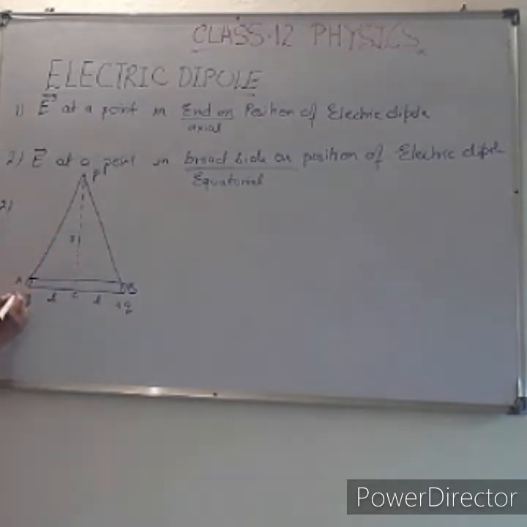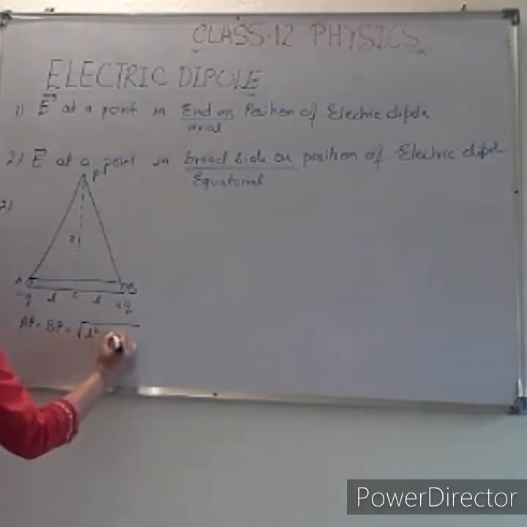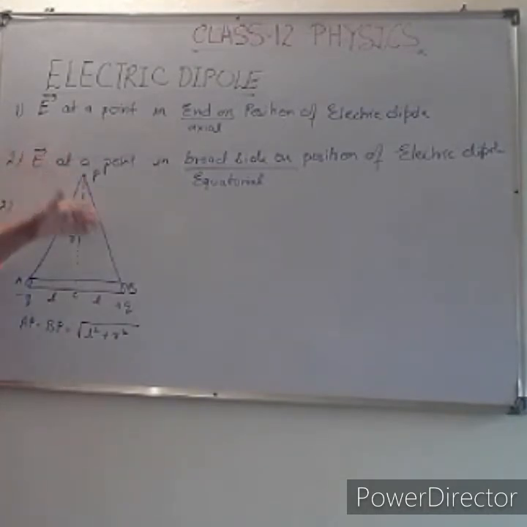So what is the value of this AP and BP? AP is equal to BP, that is equal to under root of L square plus R square. This is the value of AP and BP. Okay. Now we have to see the sign, the direction of the electric field due to plus Q and minus Q charge.